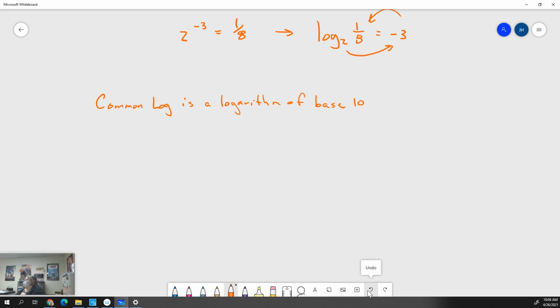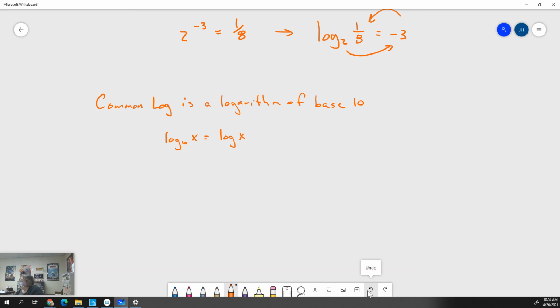And so we tend to convert everything to common log if we want to solve it. So it's basically log base 10 of x equals log of x. We just don't write the base. You can see it with the base, but if you see something without a base, you automatically know that it is log base 10.